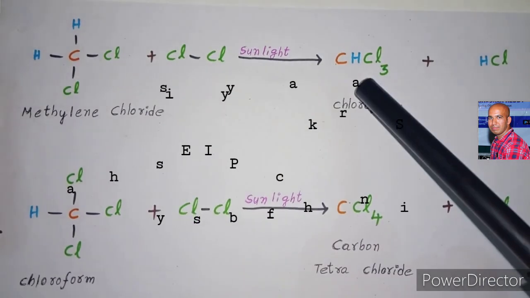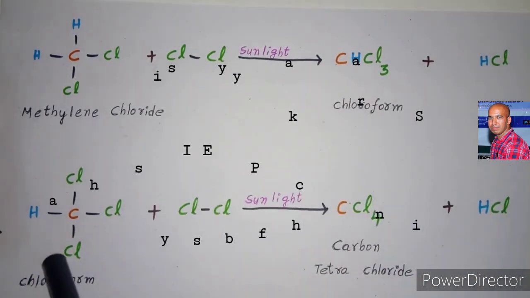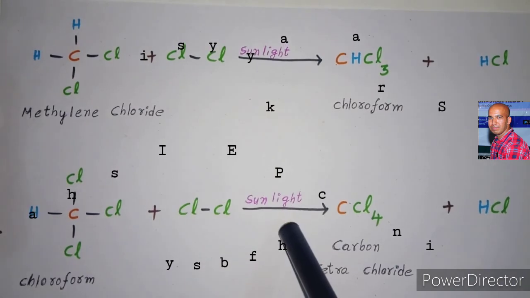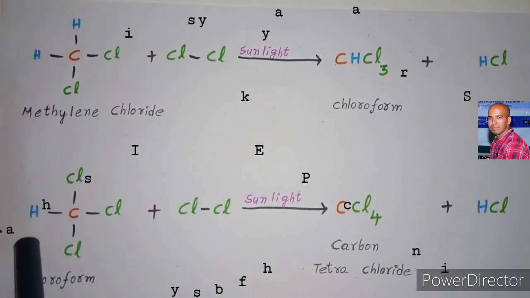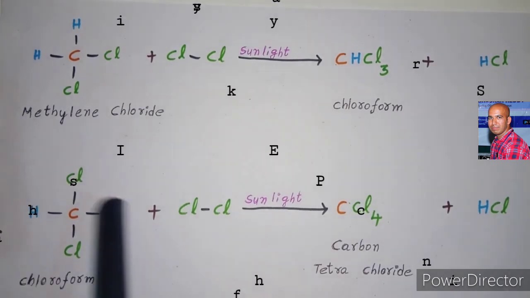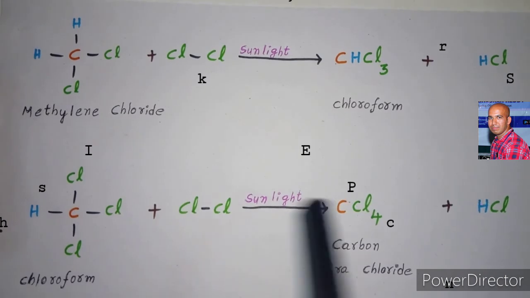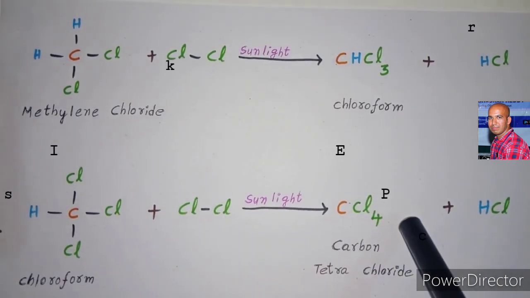In the fourth stage, this chloroform, which is formed in the third stage, reacts with a chlorine molecule again in presence of sunlight. Now the only hydrogen present in chloroform will be displaced with another chlorine atom. Now the newly formed compound is CCl4.